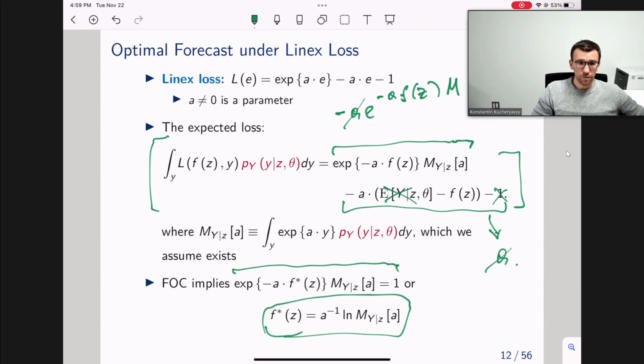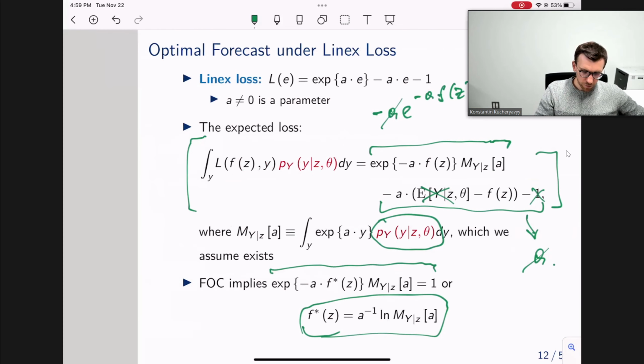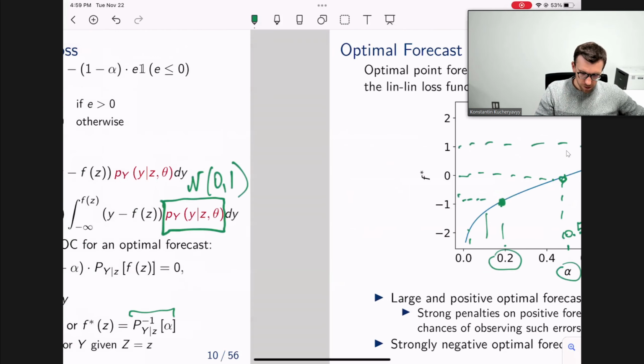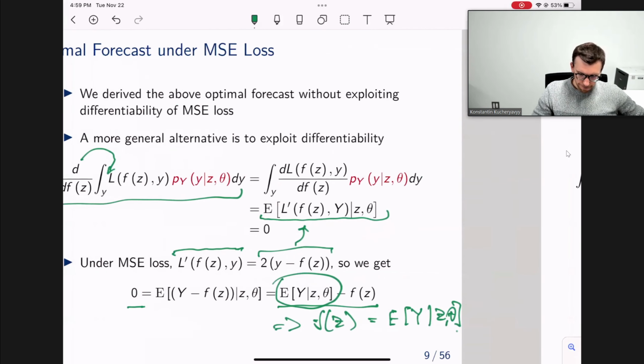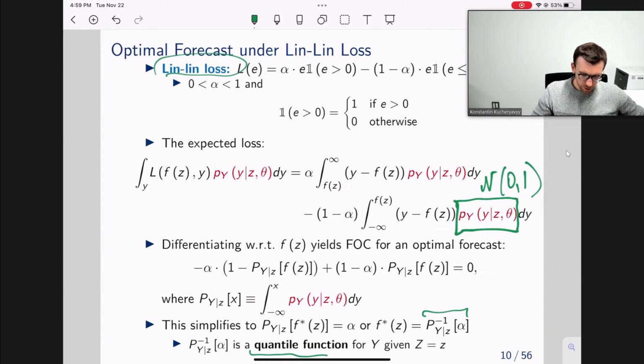But observe one thing that I emphasized from the very beginning. In all these three examples, the optimal decision rule is a function of the data generating process P_y. In the quadratic loss, the optimal decision rule is the mean value of y, a function of the data generating process. Here it's a quantile of the data generating process.